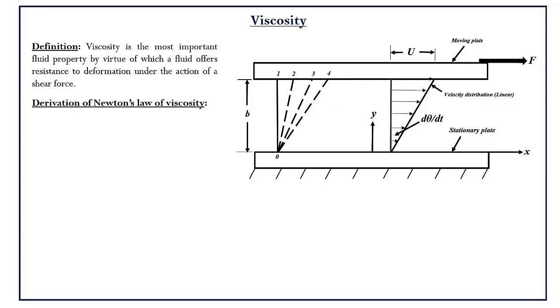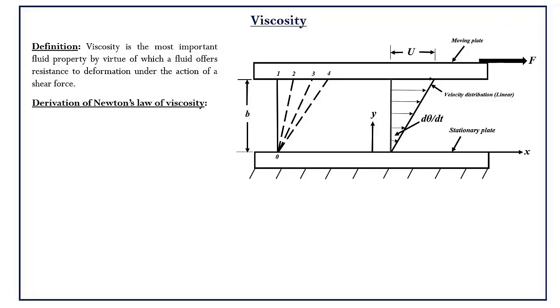Also, you can see the bottom plate is kept in stationary condition. That means the velocity of it is 0. The top plate moves with a uniform or constant velocity of magnitude U under the action of a shear force of magnitude F.